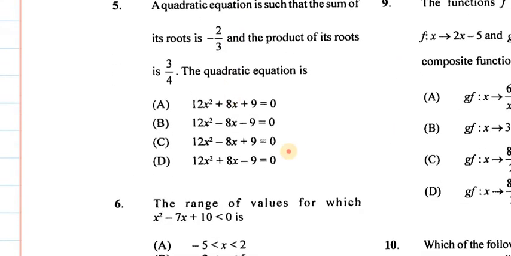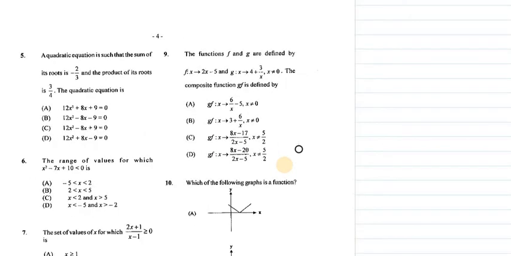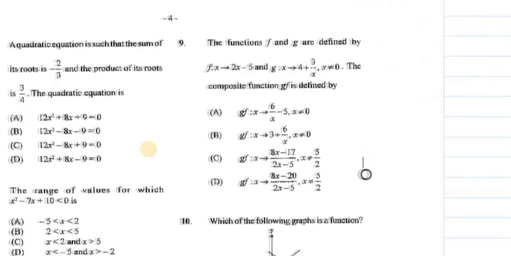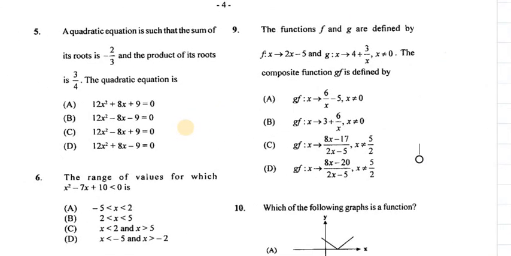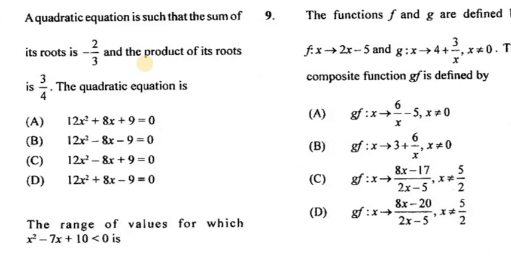Right, question 5 now. A quadratic equation is such that the sum of its roots is negative 2/3 and the product of its roots is 3/4.